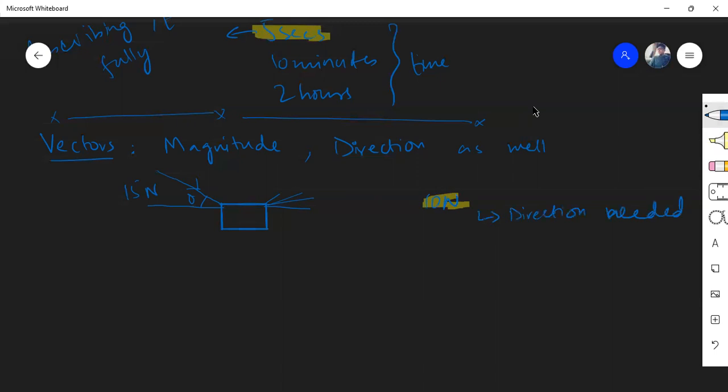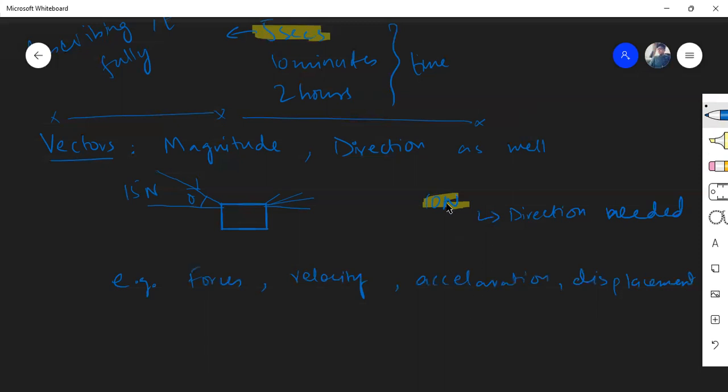So vectors are basically quantities which need magnitude as well as direction to be described fully. Some examples of vectors are force, velocity, acceleration, and displacement.